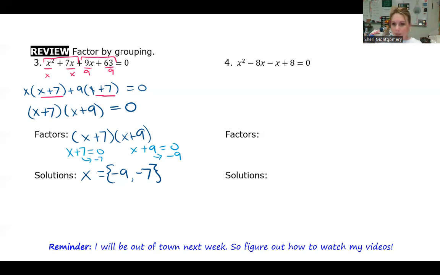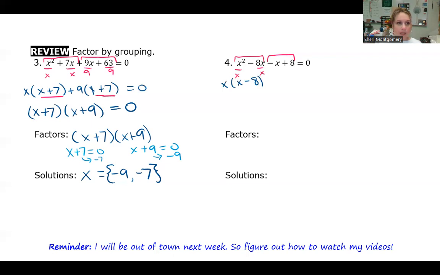So the next problem, factor by grouping. Yep, x minus 8.